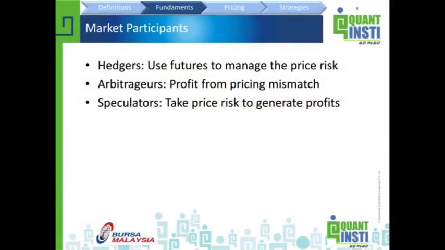So what are the various market participants who benefit from trading in futures? First one is, of course, hedgers. If some of you are in physical trading, say you are a jeweler creating jewelry, you buy gold and then do whatever operations on it to create jewelry out of it.